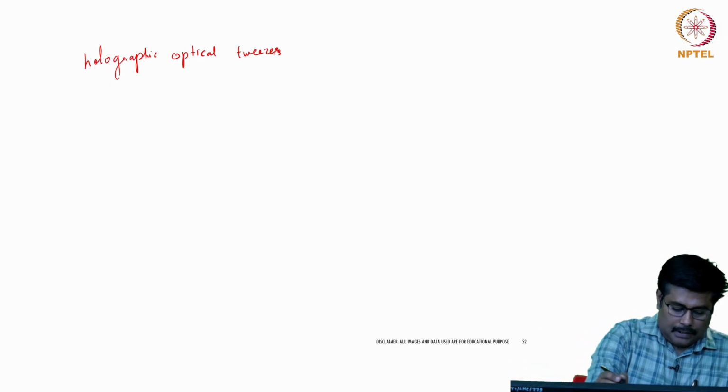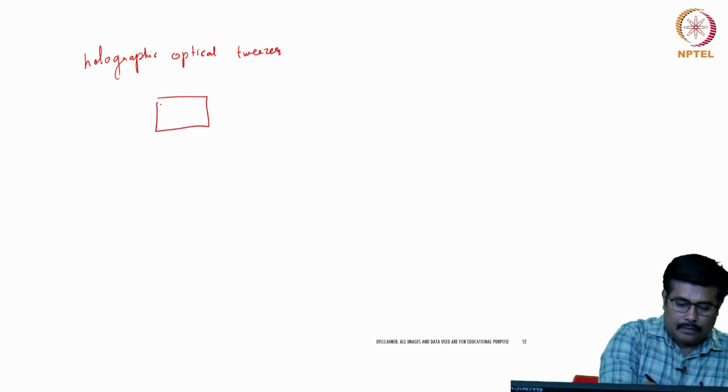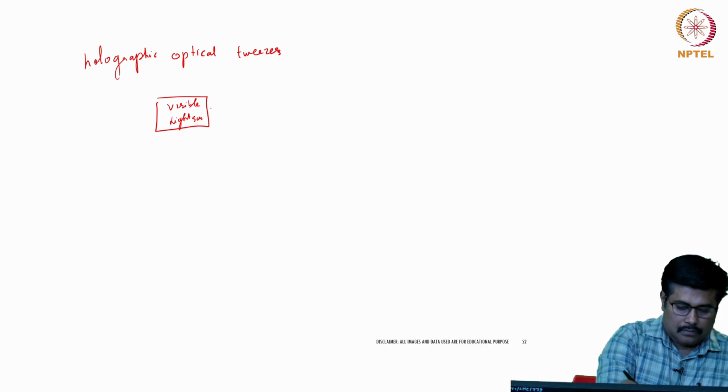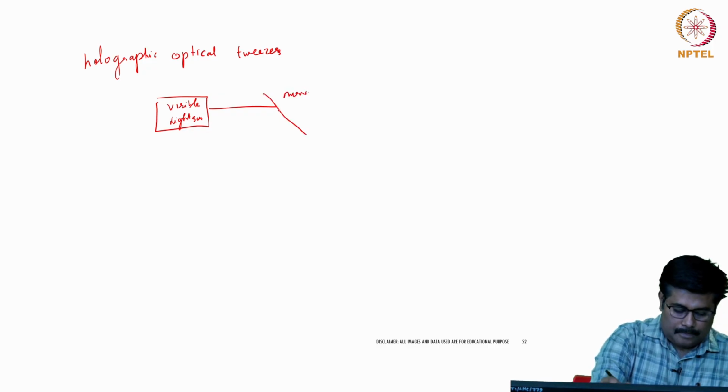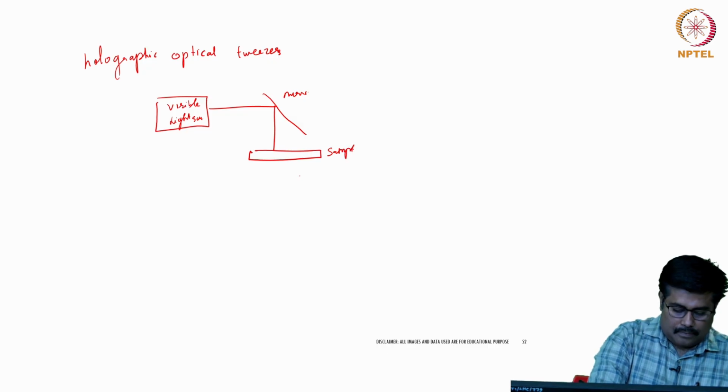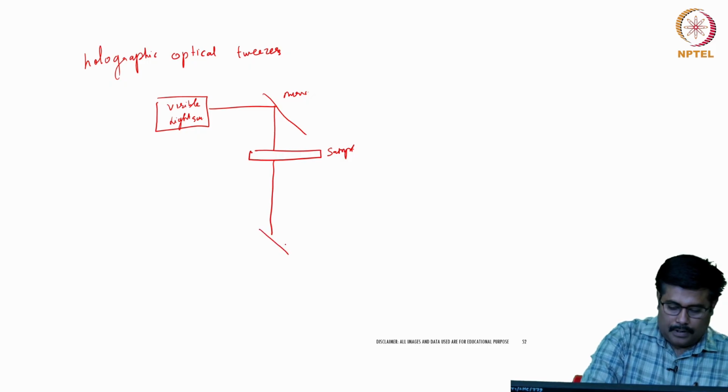Okay. If we see the overall construction of it, there is a visible light source, mirror, and sample, which is fed to a mirror integrated with the CMOS camera.